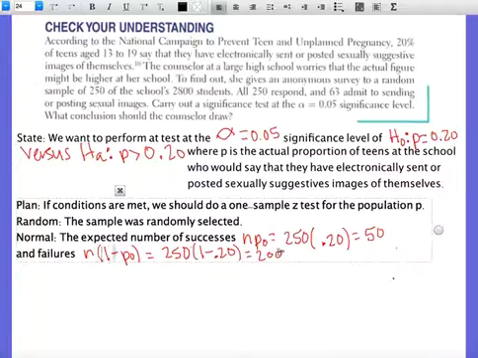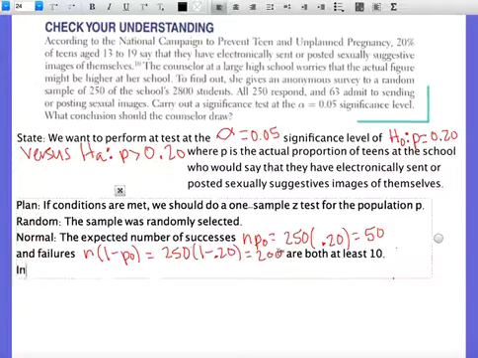Now, in order for this to be normal, we need both of these to be at least 10. And so we see that the successes is 50, that's definitely more than 10, and the failures is 200, which is definitely more than 10. So we would say that the expected number of successes, 50, and the failures, 200, are both at least 10. That means we've met normality.